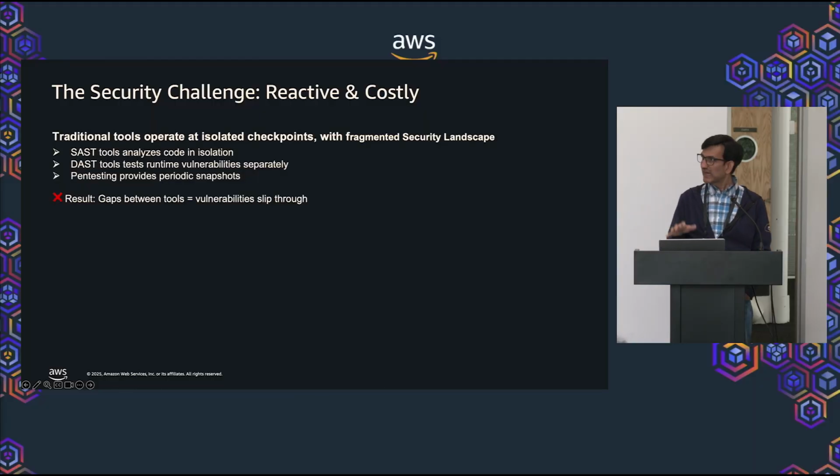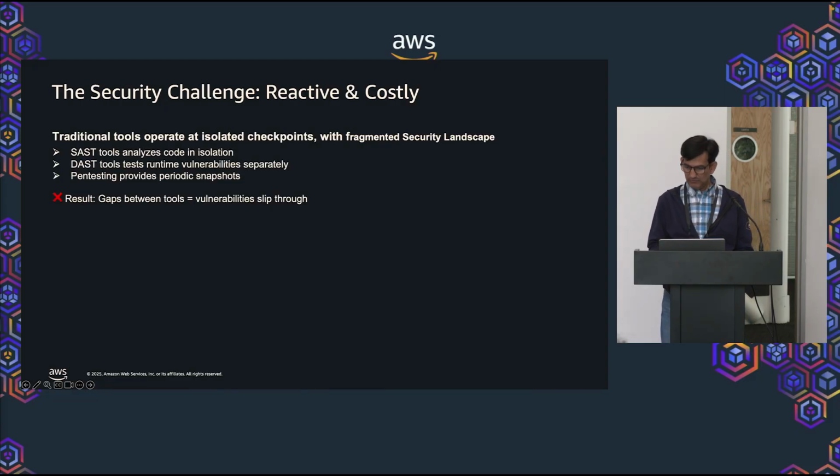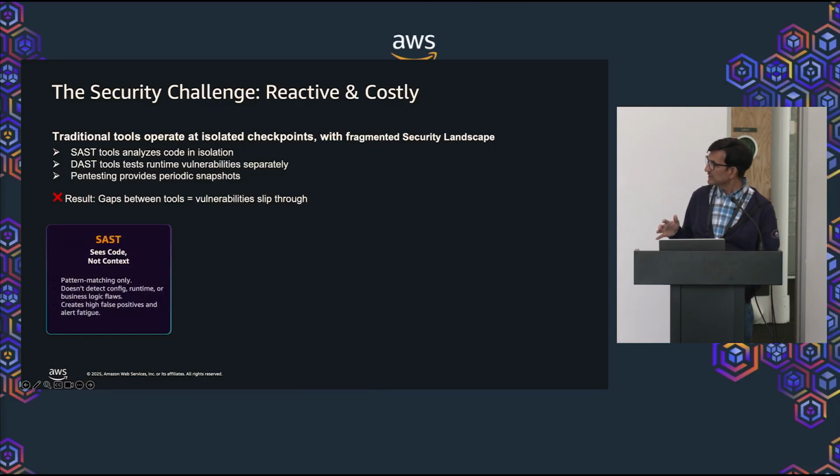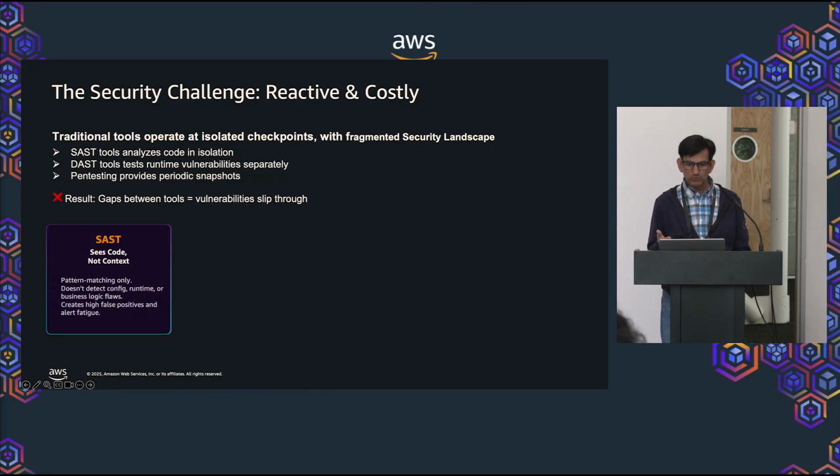So the challenge is that today's traditional tools have significant blind spots. Each looks at your application security at a particular phase. For example, static code analysis tools analyze your code but do not know about runtime.